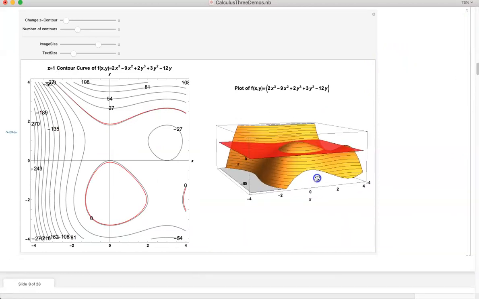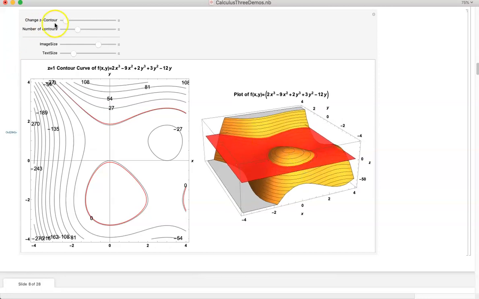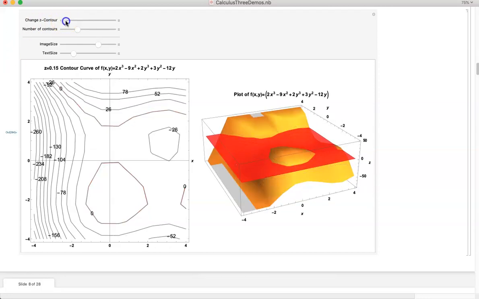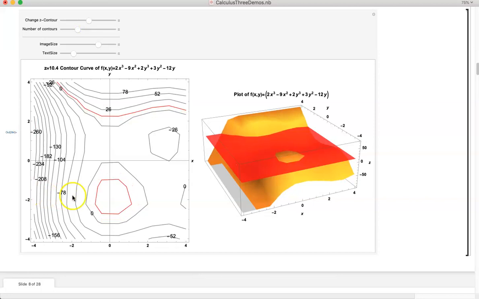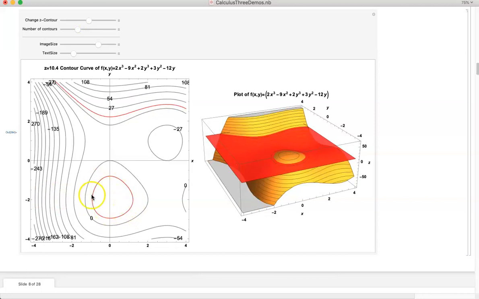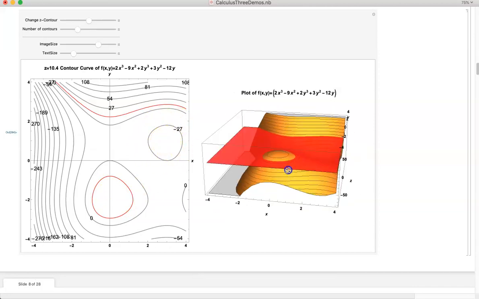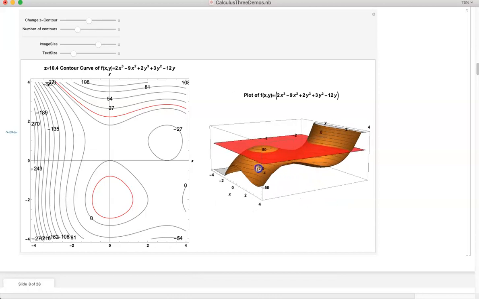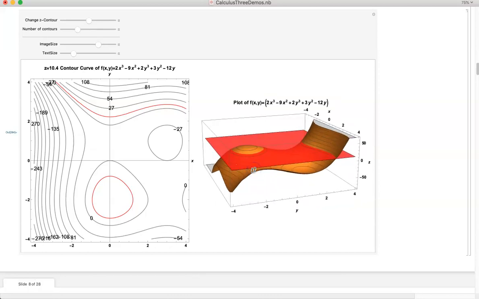One of the critical points was this local maximum here, that as you move upward in this function, we're getting to a point that is higher and higher and higher. So in the contour plot, we're seeing that as this little circular region. There's also another circular region here, but it's on the back side of this function. That looks like a local minimum at this other critical point, which is at the center.